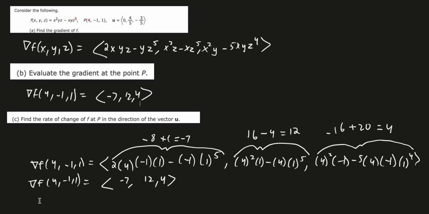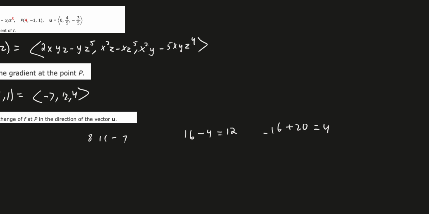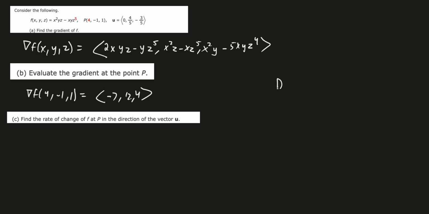And then we want to find the directional derivative. It's just going to be the directional derivative in the direction of our vector u of our function f at x, y, z, which is the gradient at x, y, z, which is a vector by the way, dot product with the unit vector.